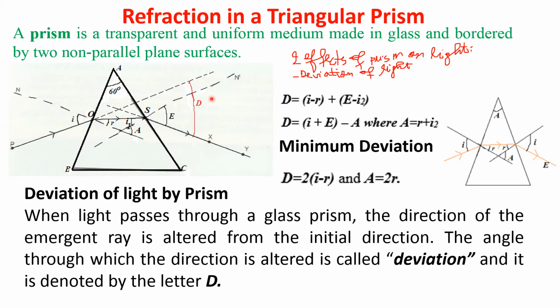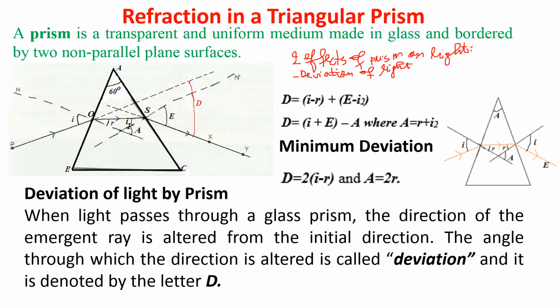Then this means that the prism has an effect of deviating the light, this means that the incident ray is deviated by an angle of deviation D with respect to the emergent ray.